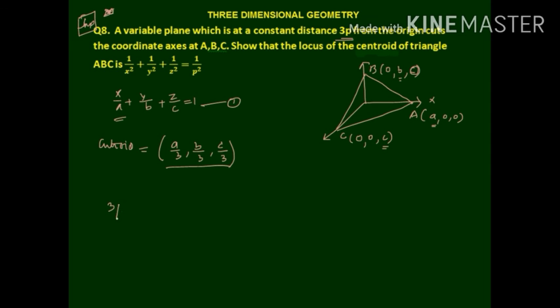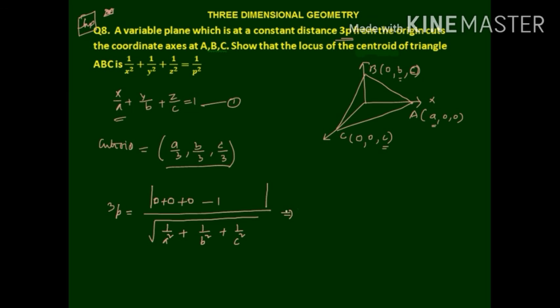3p is equal to, how will we find the distance from the origin? We will put 0, 0, 0 and here just try to remember the formula. Here it will be -1 and here what will I find? It is the coefficient of x whole square, coefficient of y whole square plus coefficient of z whole square.